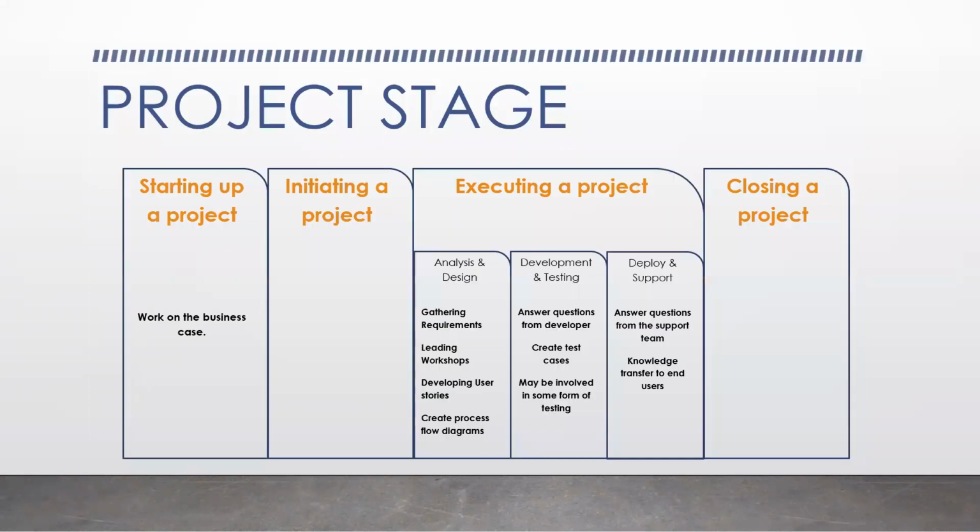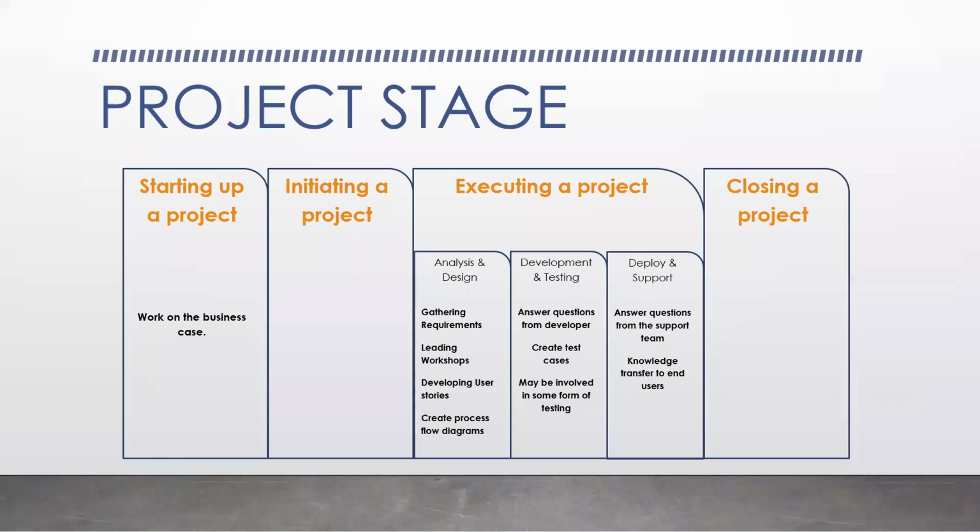Right. Now, I spoke about this and showed you this at the beginning of the last class. There are different stages within the project, and you would probably have seen something very similar within your project management class. This shows 4 stages within your project.